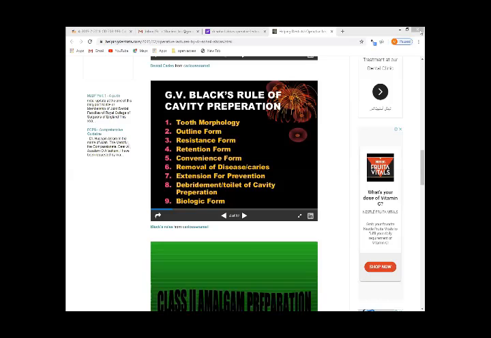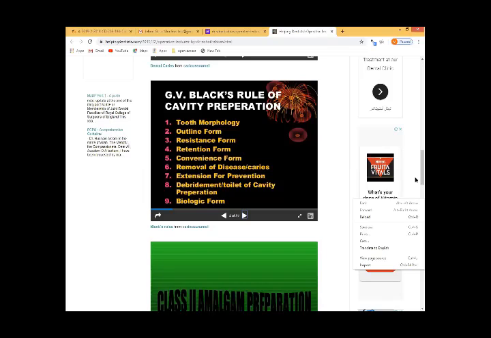So we will involve this marginal ridge, mesial or distal, when we are designing the cavity on the distal or mesial side, and we will go deep up to the cervical margin, and we will save this cervical margin, which is almost straight.